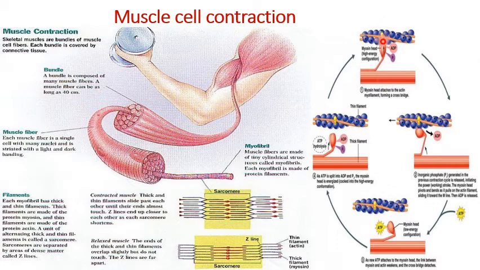So here you can see the myosin, the long one, and the blue one is the actin filament. The actin filament comes and binds to the myosin head. As soon as it binds, a cross bridge is formed. After the cross bridge formation, the inorganic phosphate comes out.